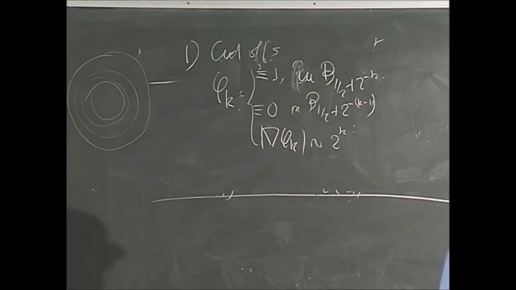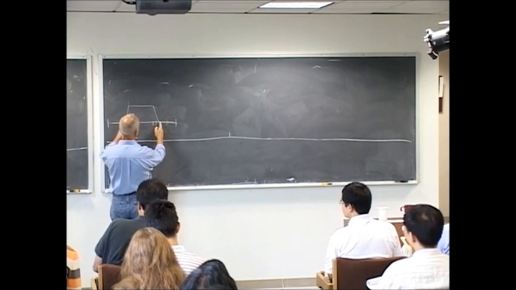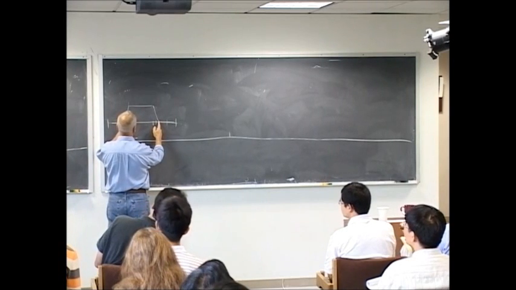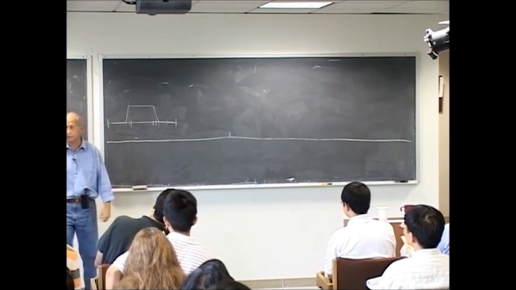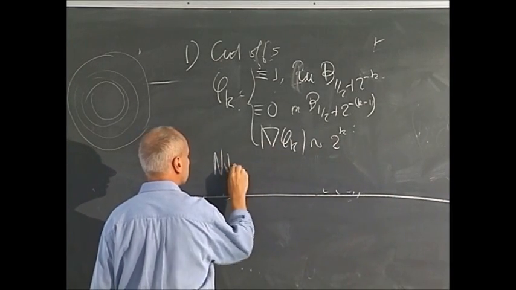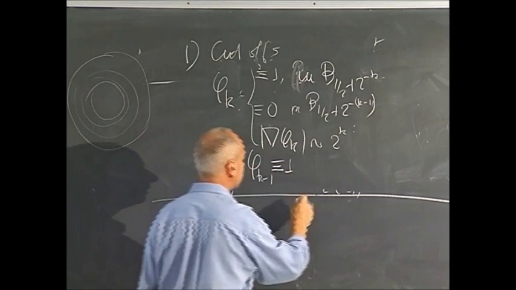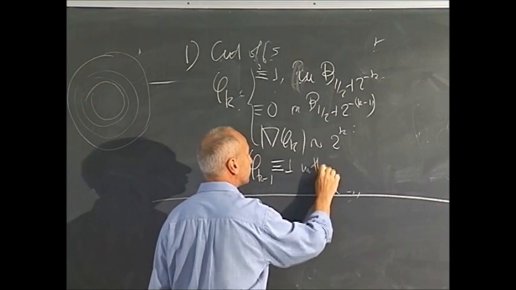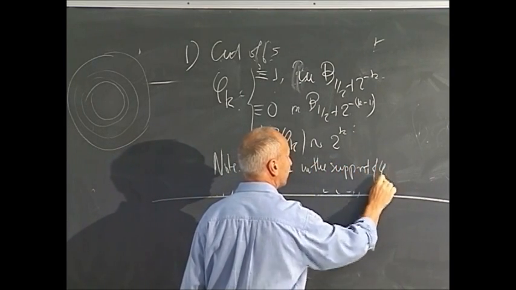Let me point out that in the support of phi_k, phi_{k-1} is identically 1. So note that phi_{k-1} is identically 1 in the support of phi_k.